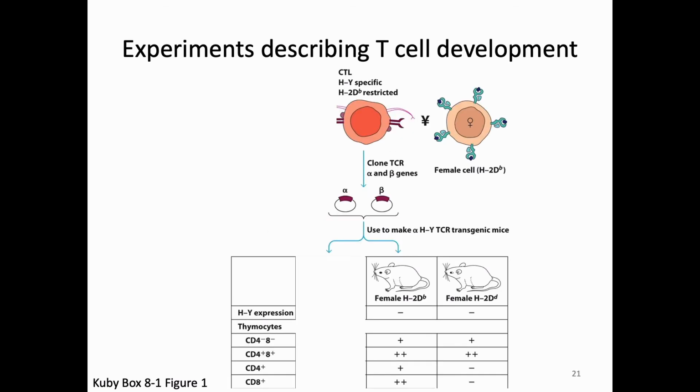The actual experiment was done as is shown here. It's really the same experiment that I just showed you in a lot of ways. The difference is that the antigen is not an influenza peptide. The antigen is a peptide called HY.